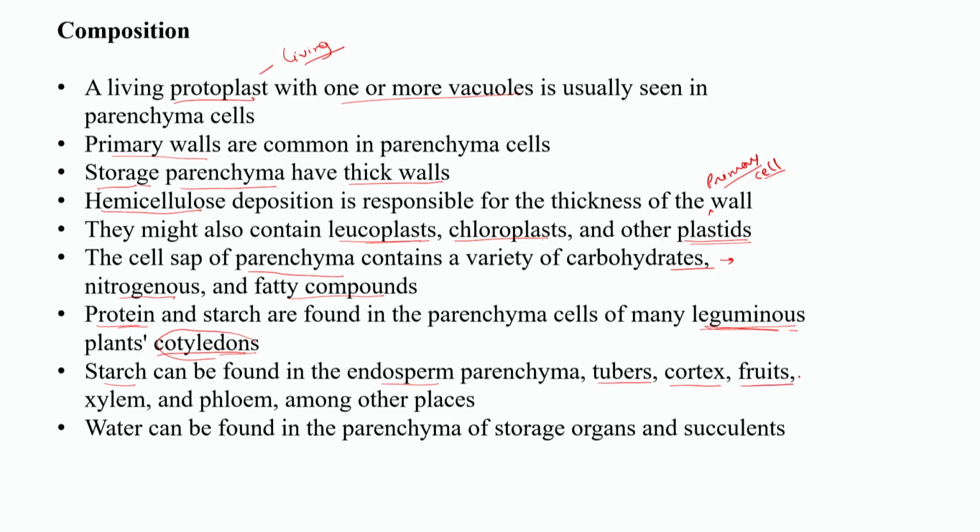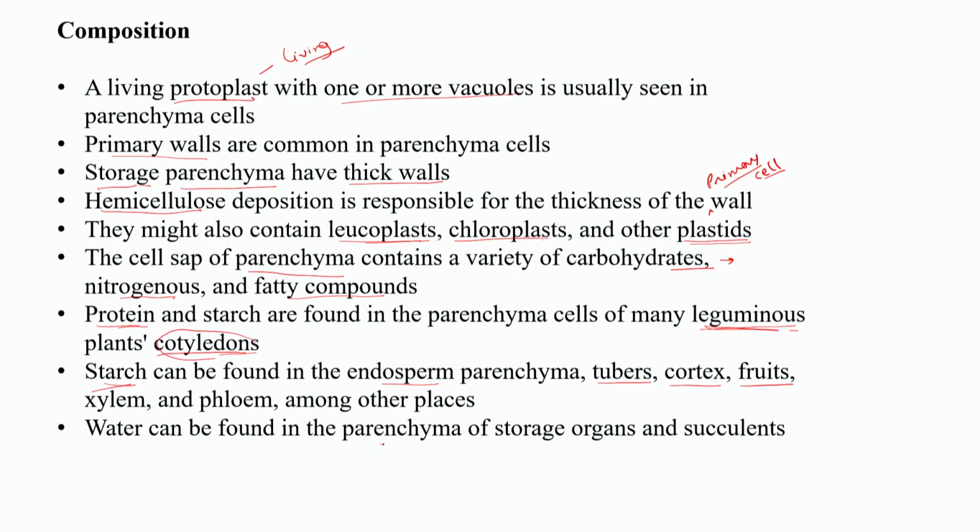Fruits are also a source of various types of carbohydrates, like starch, so they store them. Even in xylem and phloem, where parenchymatous tissue is found, they store starch for metabolic activity as a source of energy, and when it is required they can take it from there and use it for various purposes.